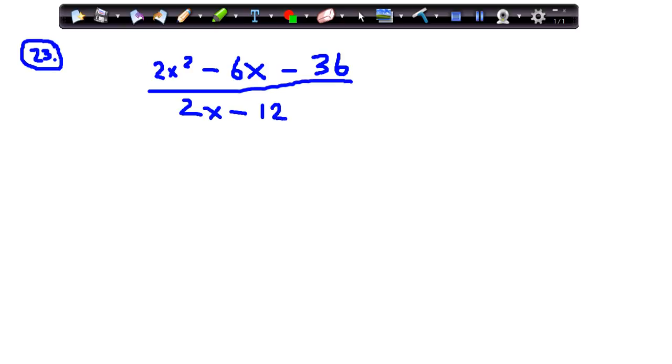So the first step is to notice that every term divides by 2. The second step is to simplify these terms as they divide by 2.